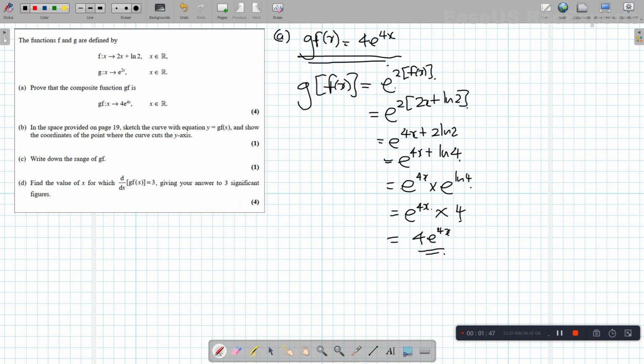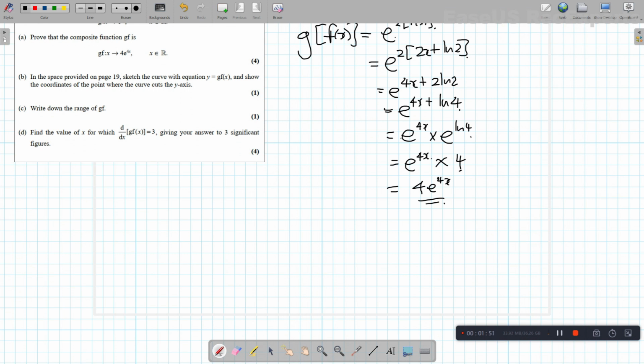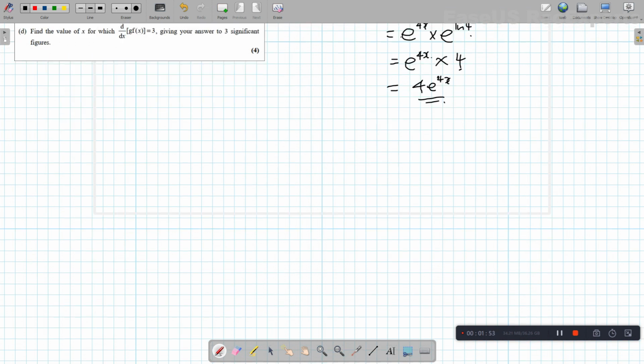Next, part B. For part B, in the space provided, basically we're going to draw it here. You have to draw this curve. That's not difficult. This is an exponential curve. It goes closer to 0 but doesn't touch 0. It just keeps going closer to 0, and then it goes up like that.